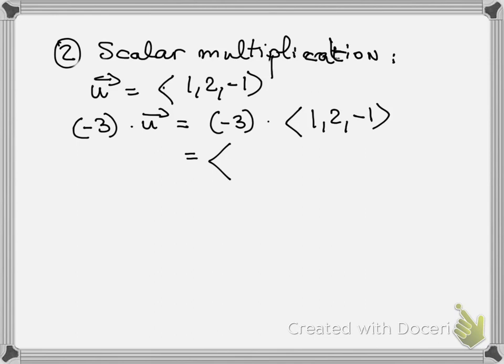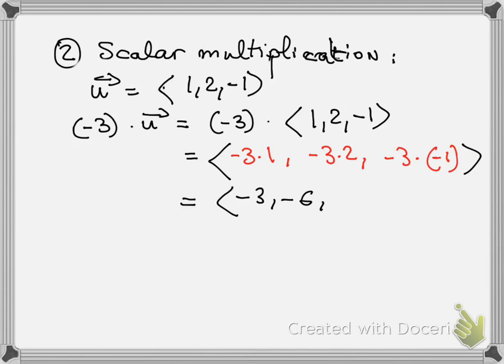You multiply each component by -3: -3 times 1, then -3 times 2, and then -3 times -1. So the answer is (-3, -6, 3). That's -3 times u. I multiplied the vector u by the number -3, but the answer, of course, is a vector.